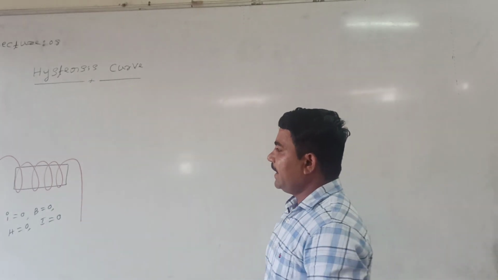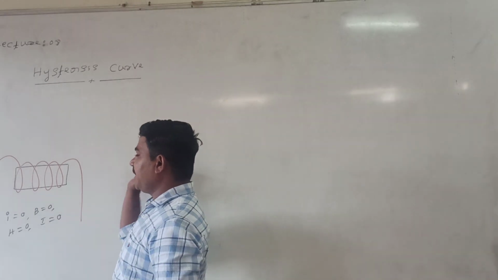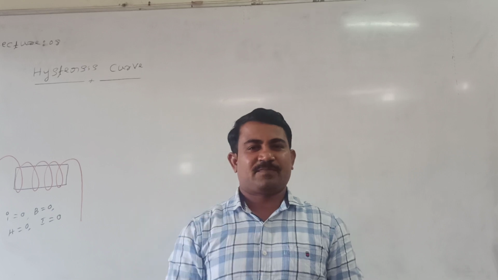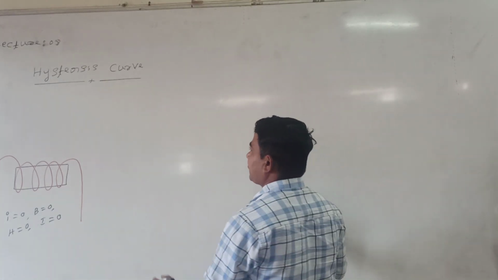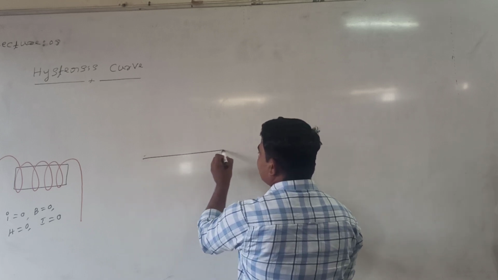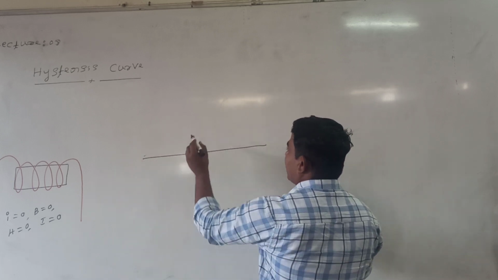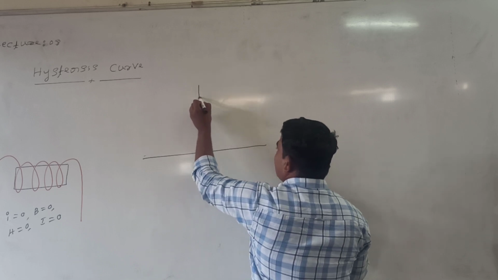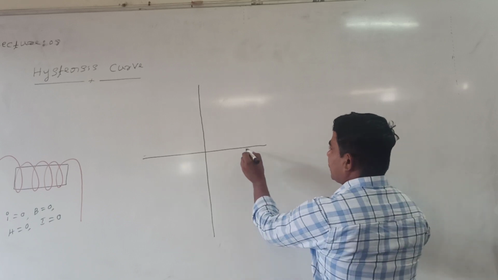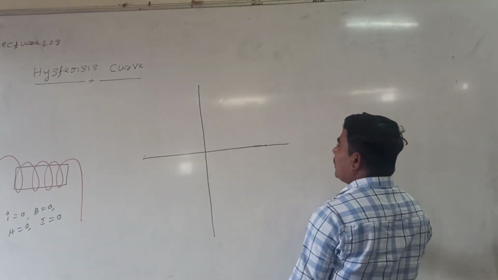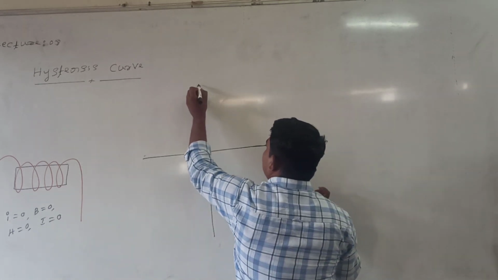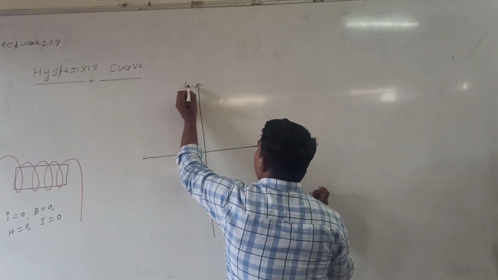I said the hysteresis curve is nothing but the relation between magnetic intensity and magnetization. Now I will draw a curve. Along the x-axis I will take magnetic intensity, and along the y-axis I will take magnetization.